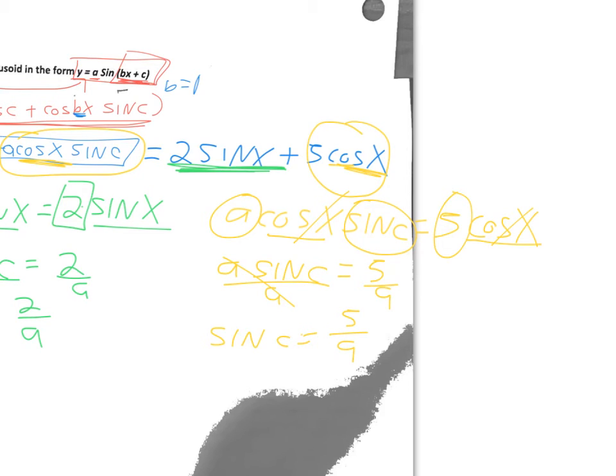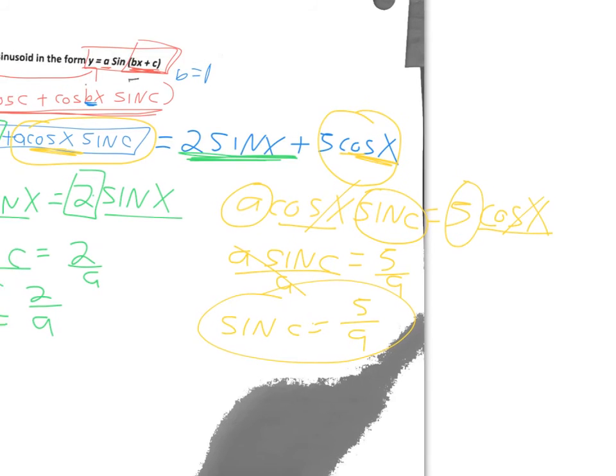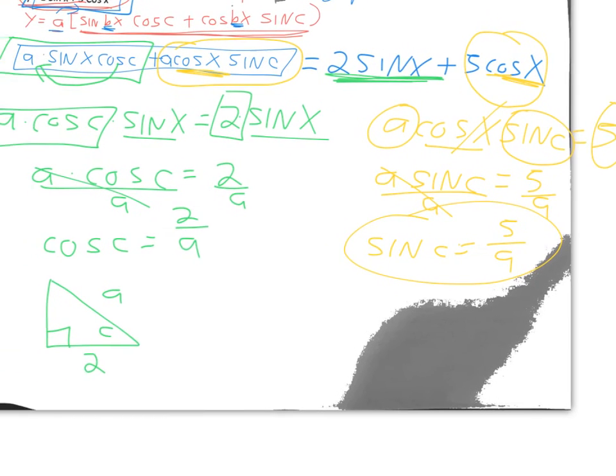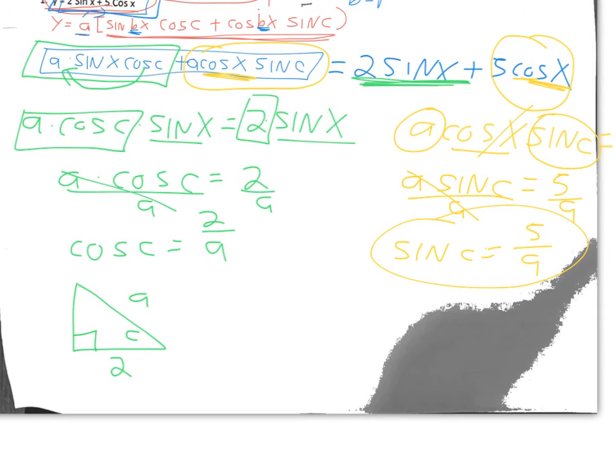All right. So now when we set up this right triangle, what we were able to figure out, okay, if we look at both of these, see how A, for both of these equations, A is the hypotenuse. Now in this, I can see that 5, since it's sine, is going to be the opposite side, so I'm just going to put that in there.